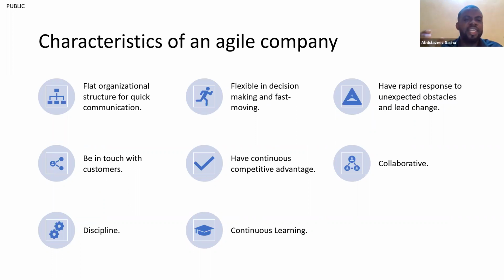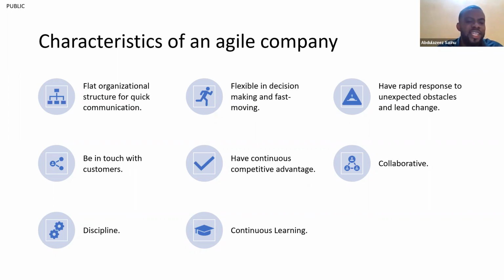The company that wants to implement Agile, we want to implement Agile. So what are the characteristics of an Agile company? Well, this is very critical in everything we do. We must, first of all, know the characteristics of an Agile company.